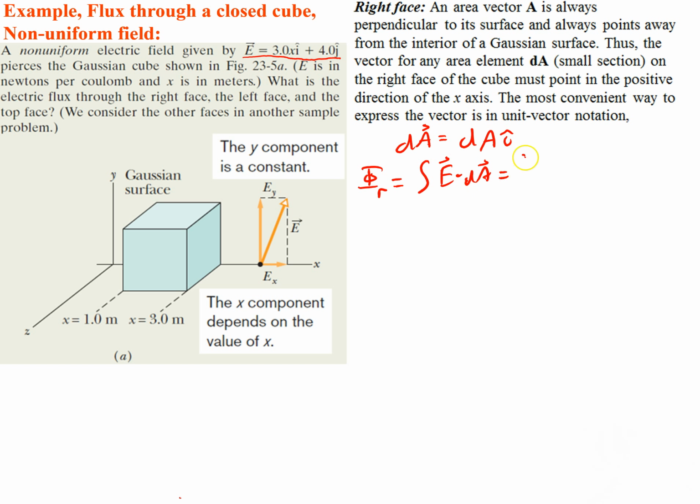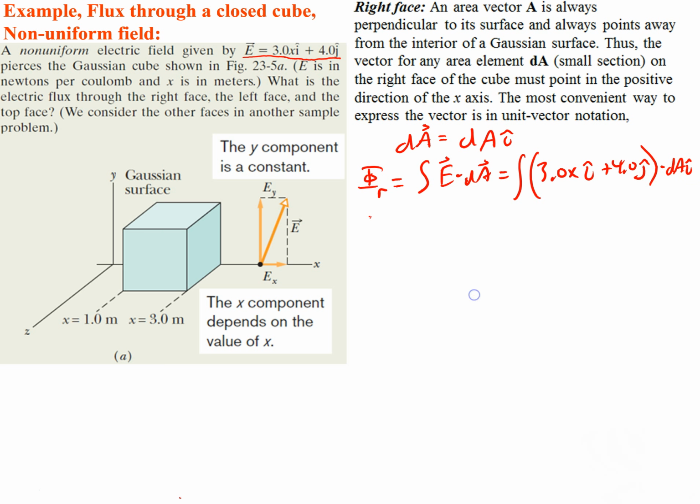So that's going to be the integral of 3.0x in the i direction plus 4.0 in the j direction, dotted with dA i. So when we do the dot product, there's no j component of our area vector, which means anything multiplied in the j is just going to be 0.